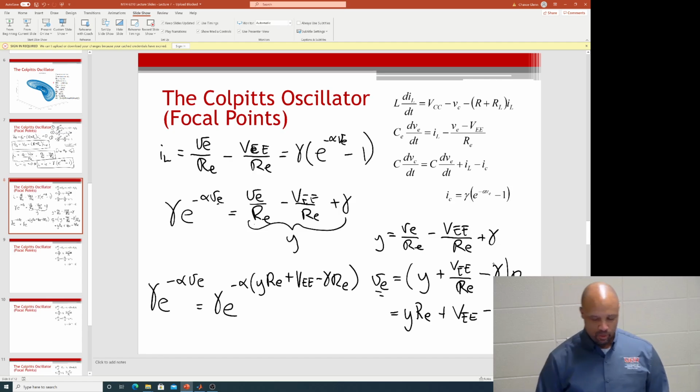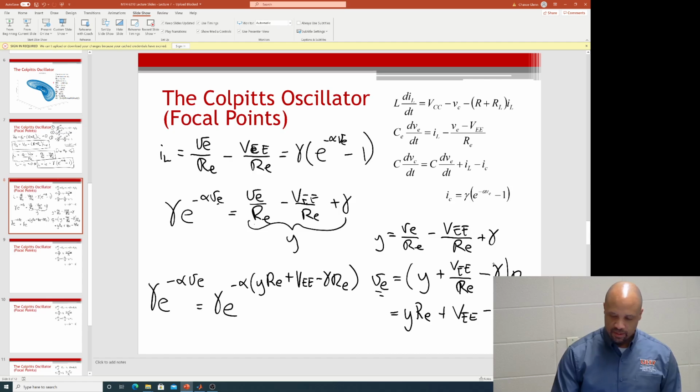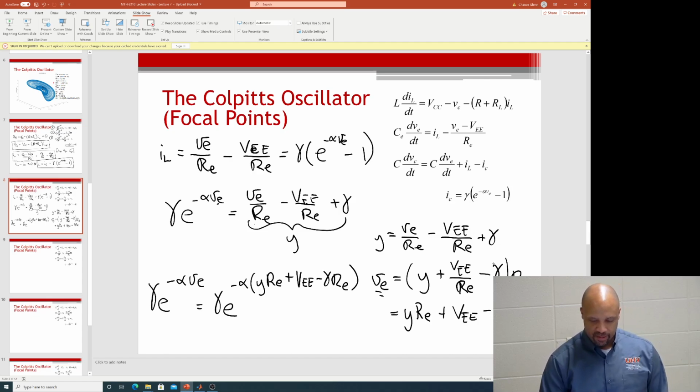Now, with exponentials, you can also just break that into multiplications.